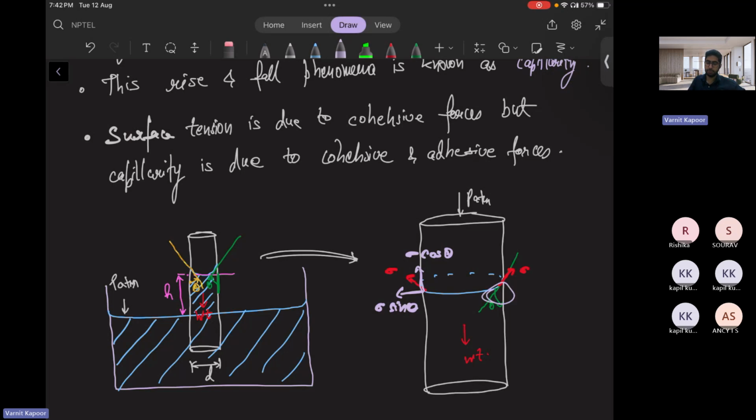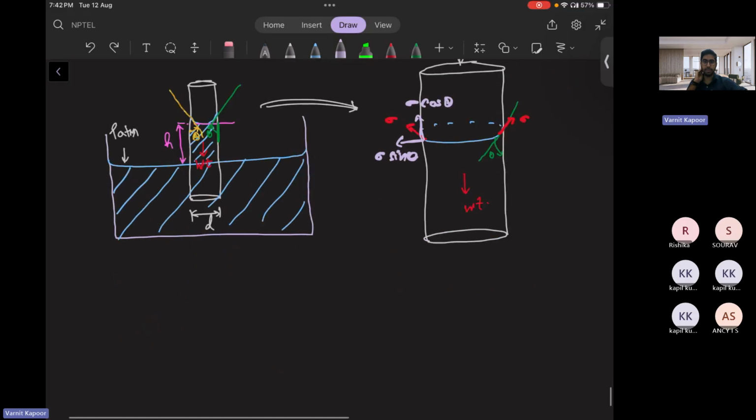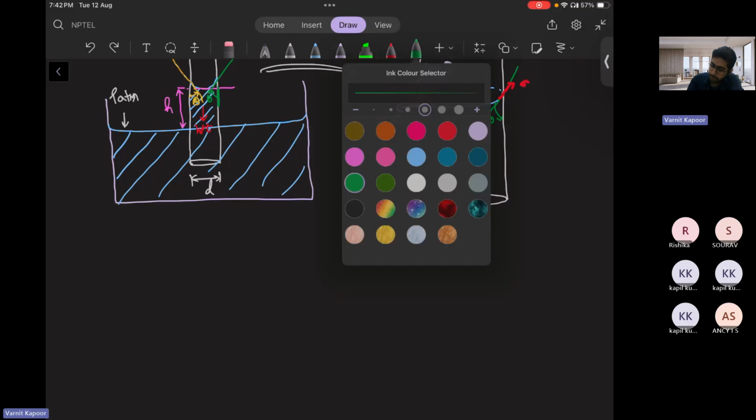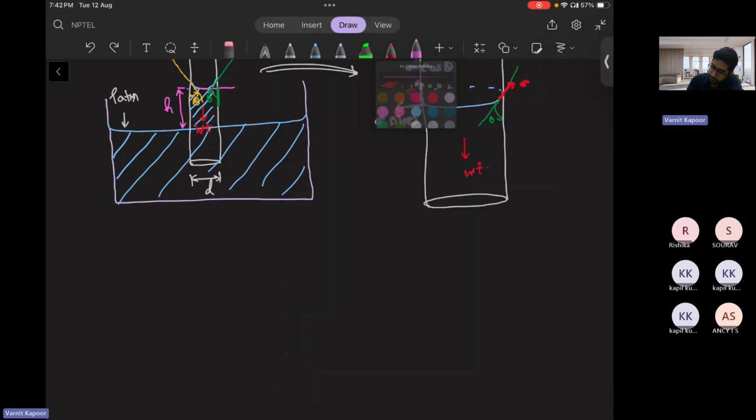And this is responsible for wetting, and there is some weight which is acting. So we will balance the weight with the surface tension force. These are the forces acting in the vertical direction, because in equilibrium the liquid has risen up and reached some equilibrium state up to a height of h.